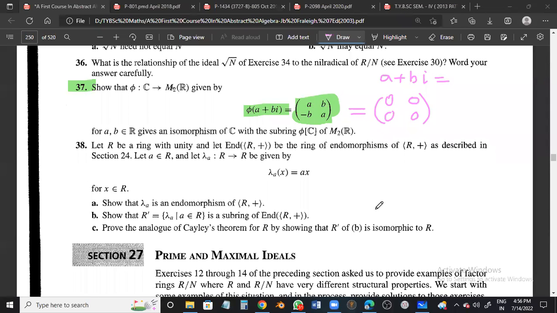Yes, anybody? Whenever you are inputting, suppose I input 3 plus 2i. In that case, what is its image? If I input 3 plus 2i here, what will be the image? Yes, of course, 3, 2, minus 2, 3. Very good. So knowing a and b, you can tell me the matrix. Now knowing the matrix, can you tell me what the input will be?